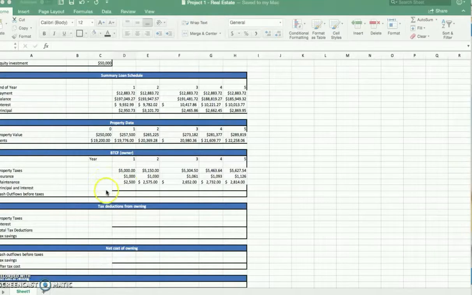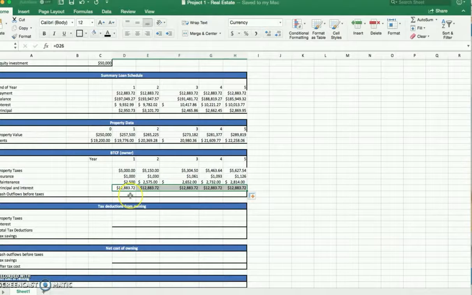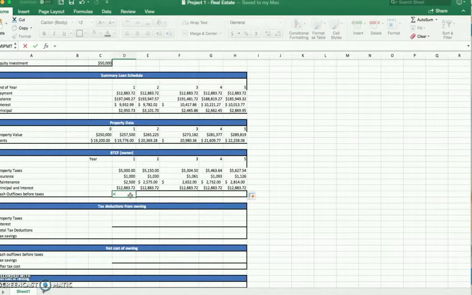So for principal and interest, it's obviously just the principal and interest, which is going to add up to the payment amount. So I'm just gonna copy the payment amount. And then the cash outflows before taxes is going to be the sum of all these.